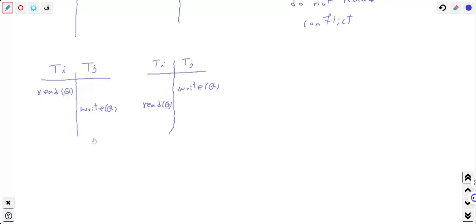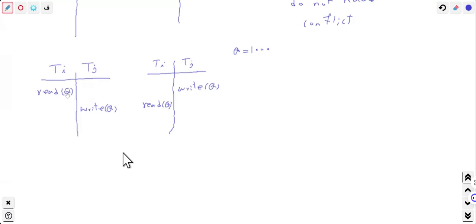Maybe we'll get another result, and some information maybe will be lost. Right?